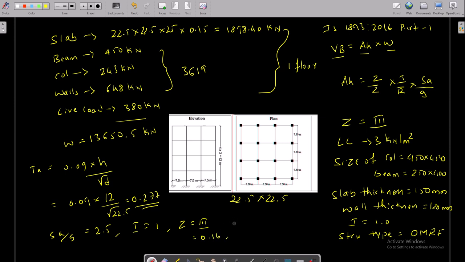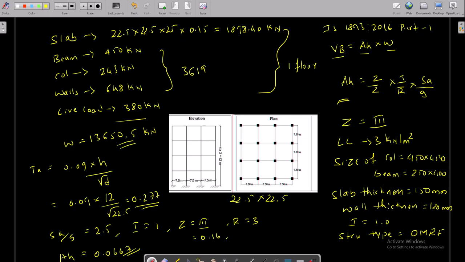Later we have R, which for an ordinary moment resisting frame is 3. Everything is there in the code book, you can refer to IS 1893 2016. After substituting all this Sa by g in this Ah, Ah comes out to be 0.0667.